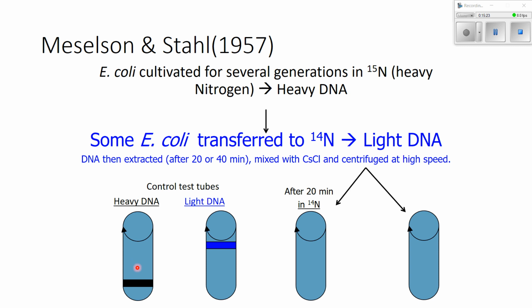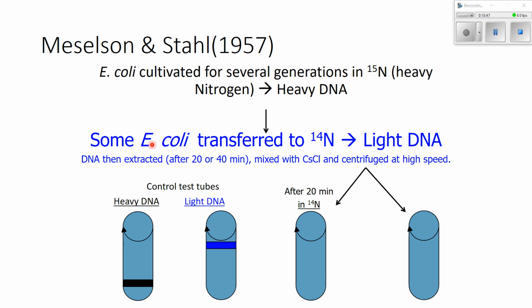And then they put the test tube in a centrifuge to make it spin really fast. And the heavy DNA was slightly more dense than the cesium chloride, and so that heavy DNA moves down to the bottom and forms a band. Because it's so heavy and dense, it sinks to the bottom.